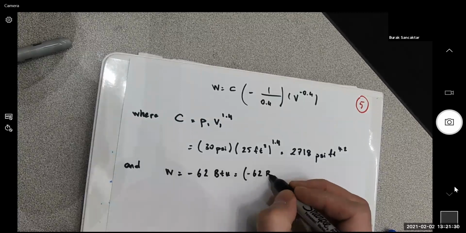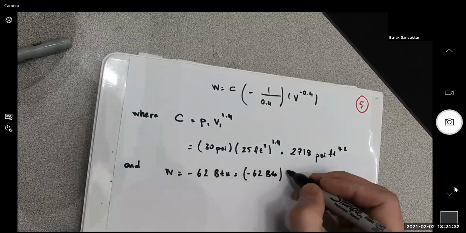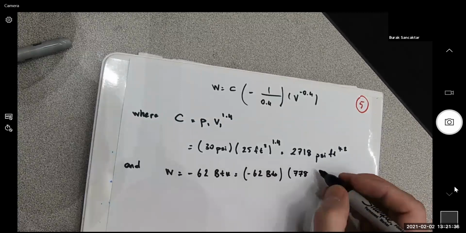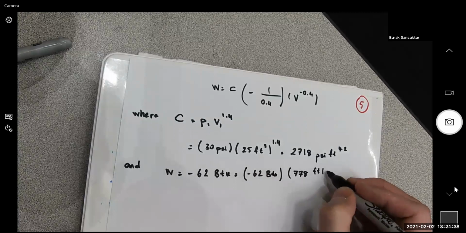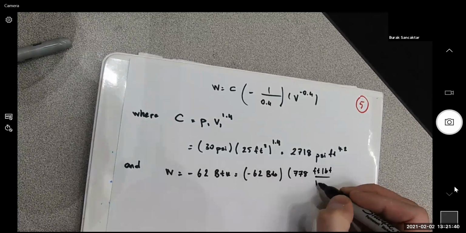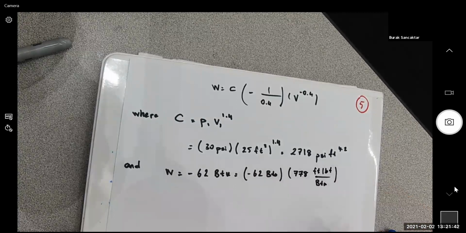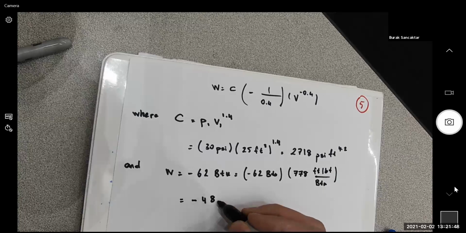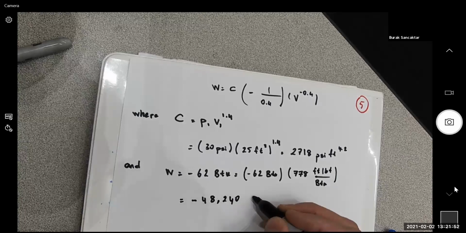Minus 62 BTU, primary unit conversion, 778 foot pound force per BTU. It will be equal to minus 48,240 foot pound force.